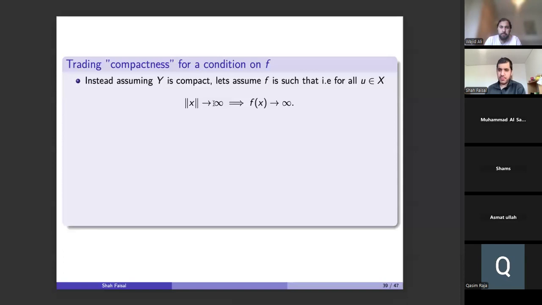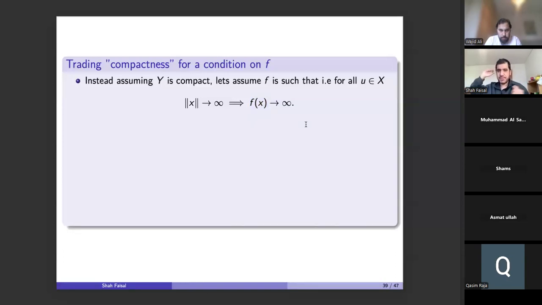Drop the assumption of Y being compact. Assume that when you approach the non-compact region, so in a Banach space, it would be near infinity, as the value of x goes towards the non-compact regions, the function should not decrease, it should grow. So this means that the minimizing sequence would not enter those regions.